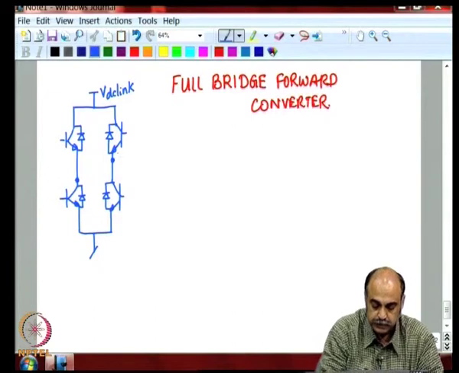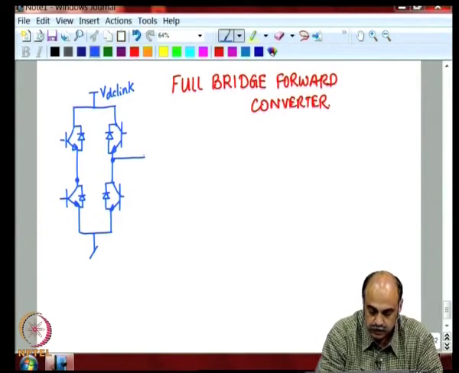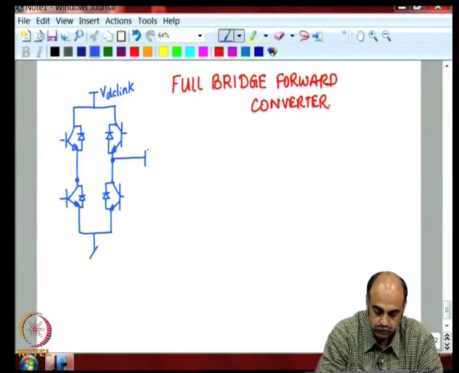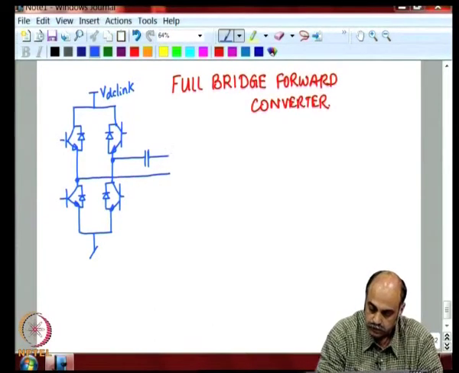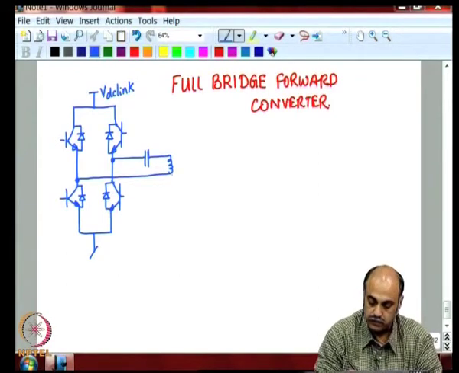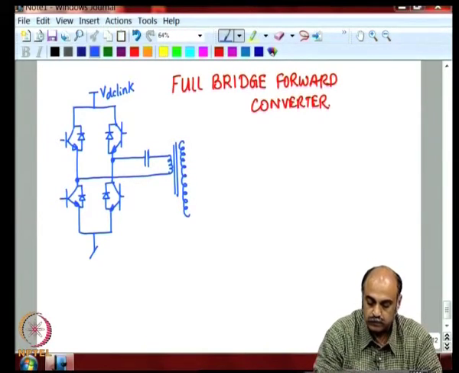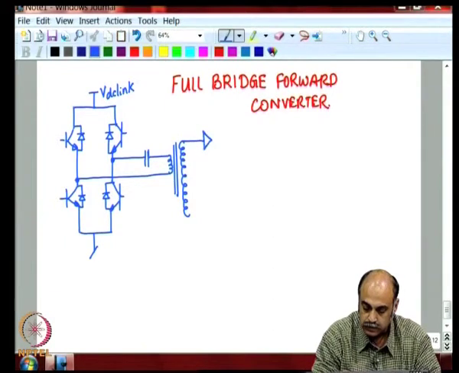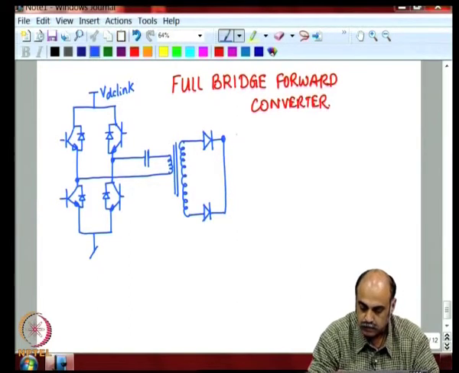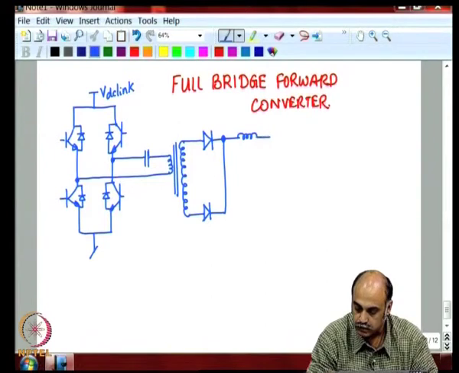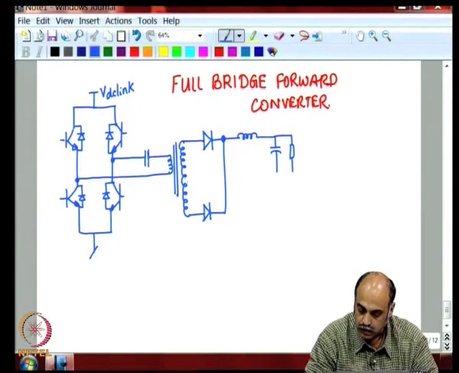Now, this is the full bridge, and from the center portion of the full bridge you have a transformer, and the secondary of the transformer is connected in this fashion, like this.